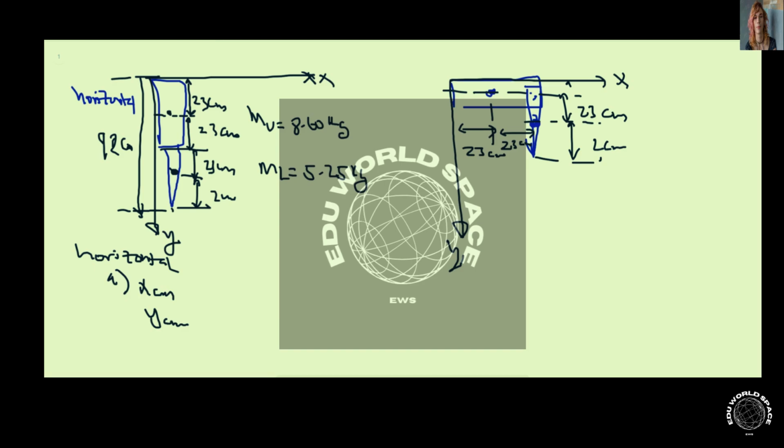We want to find the center of mass in part A when it's horizontal, and then in part B, we also want to find the center of mass when it's bent at the knee. Okay, so we're still finding xcm and ycm.